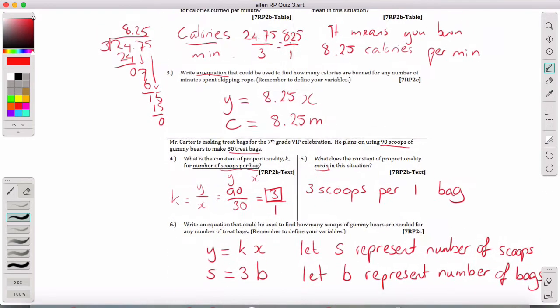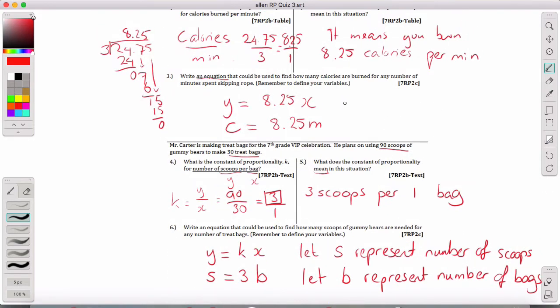I'm going to go back to this one and define my variables because I forgot to do that before. So I'm going to let C represent number of calories, and I'm going to let M represent number of minutes.